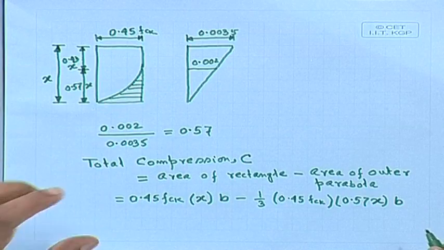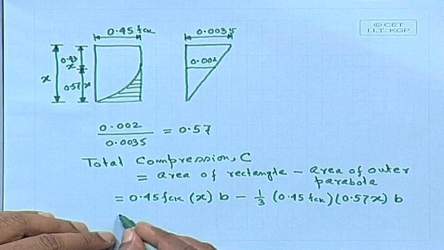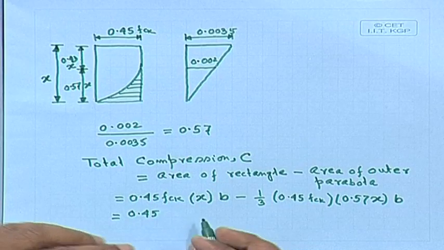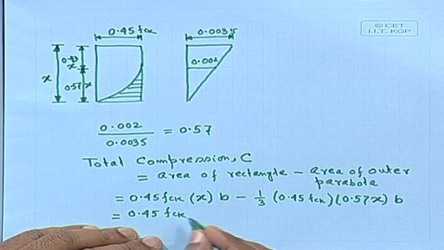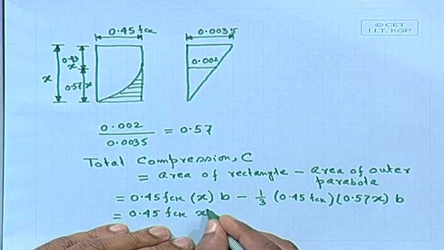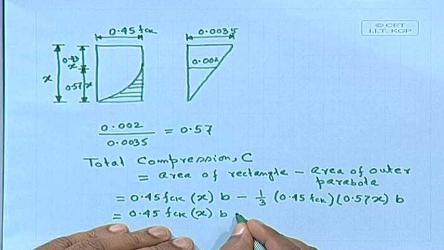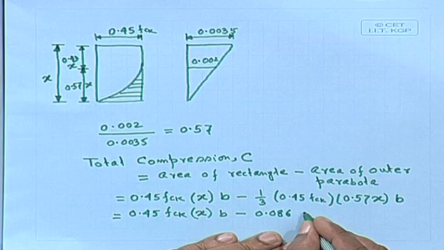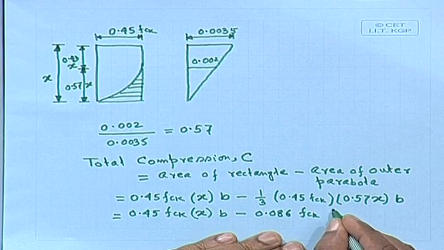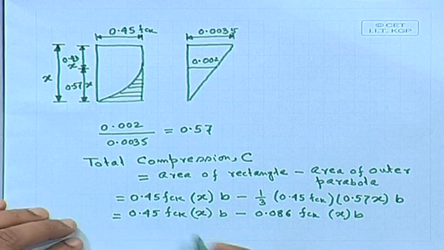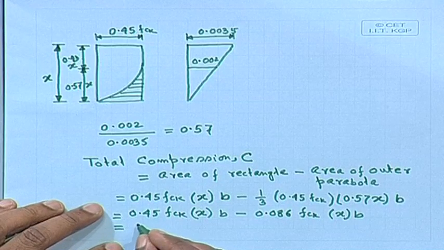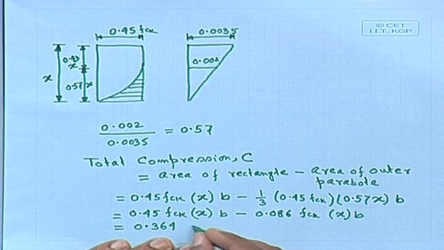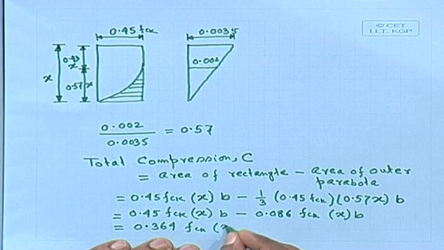The b is the cross sectional width, which equals 0.45 FCK x times b minus 0.086 FCK x b equals 0.364 FCK x b.